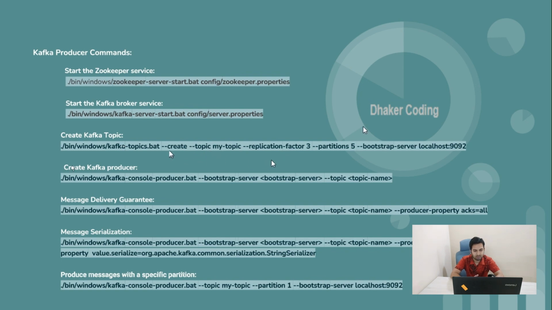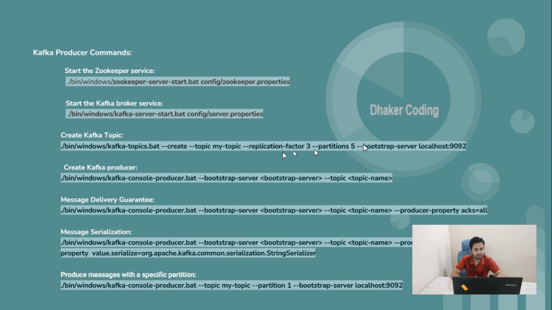Then let's say I want to create three replicas or some partitions, let's say 4 partitions. We can give those options as well while creating the topic. So --replication-factor 3 and then --partitions 5. It will create 5 partitions and 3 replicas of that topic.